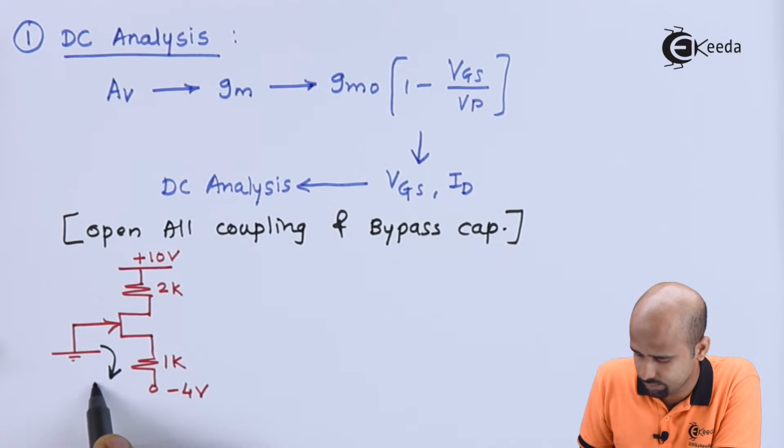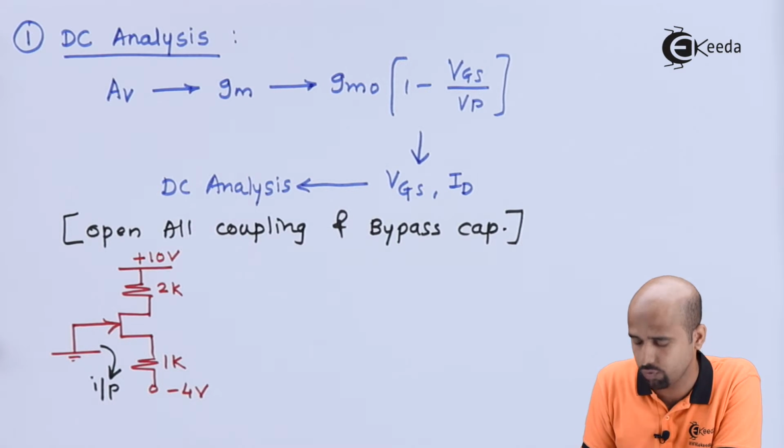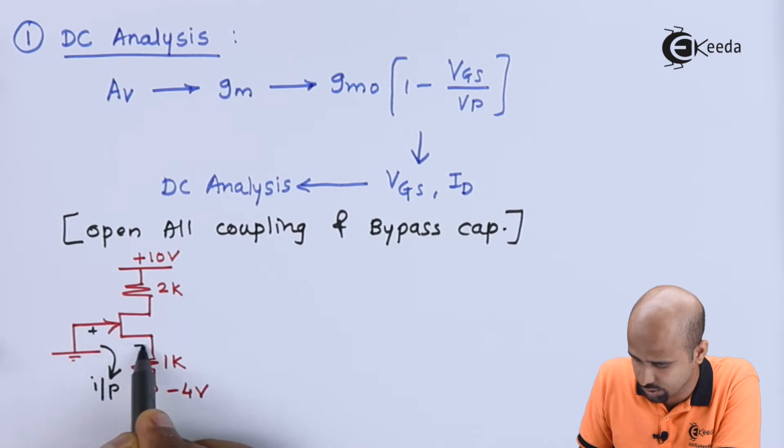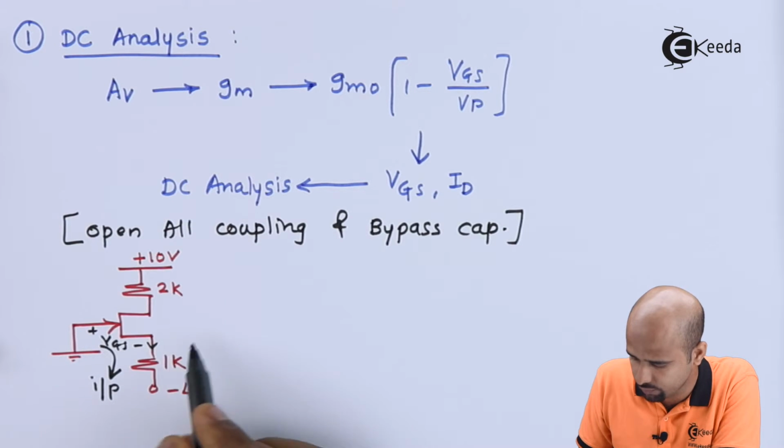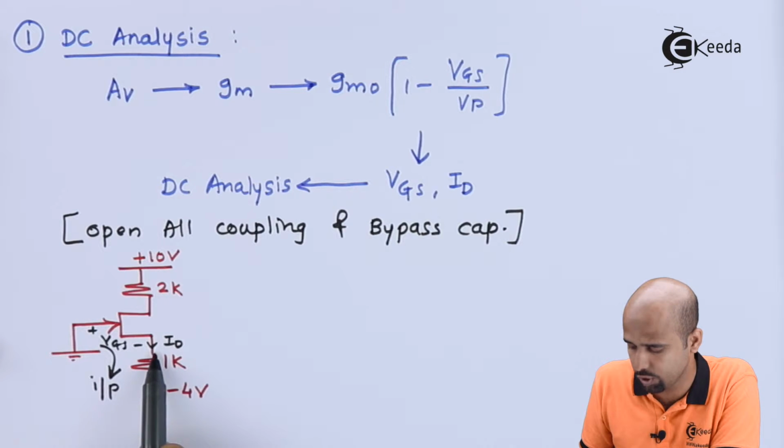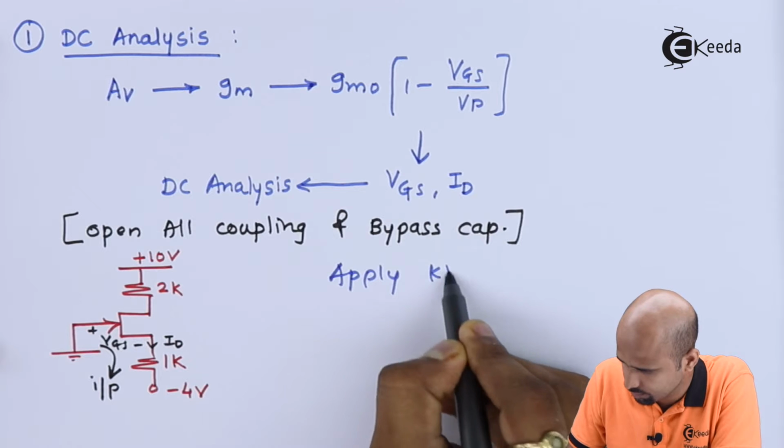Okay, now we will apply input KVL. If we apply input KVL, then we'll get the relationship between VGS and ID. This is your value of VGS and this is nothing but current flowing through ID. This is nothing but current flowing through 1K, that is nothing but ID.